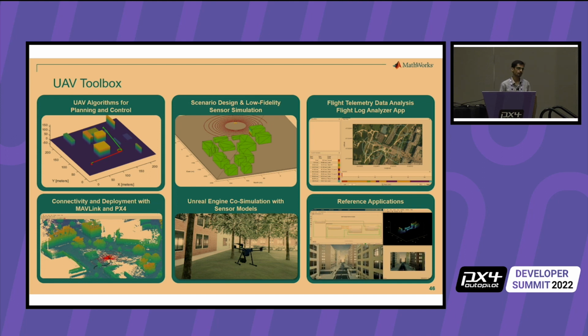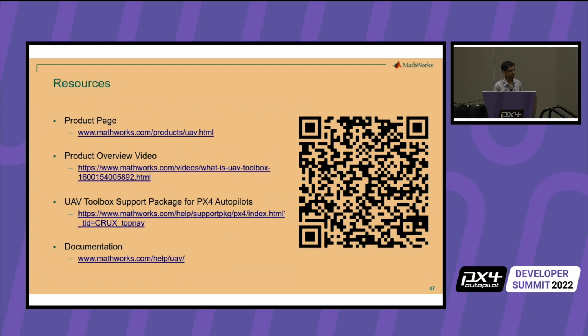There are algorithms like SLAM and path planning that are available with the tools that you can use for autonomy. And we have reference applications that you can use out of the box to get started with. So really a lot of things to play around with, and we'll be happy to help you where your application takes us. So some resources here.